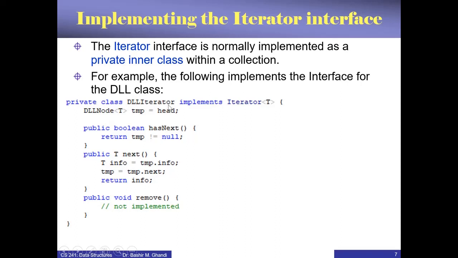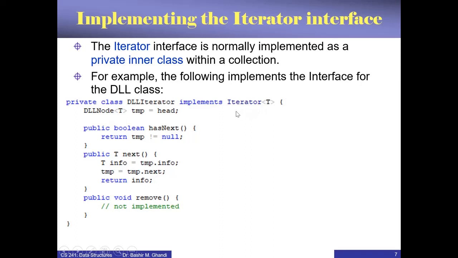This is the most important part: you have to say implements the iterator interface, so implements Iterator of type T. Remember, our class DLL is generic. It already has a type T, so the same type is what you will put here. Implements Iterator T.